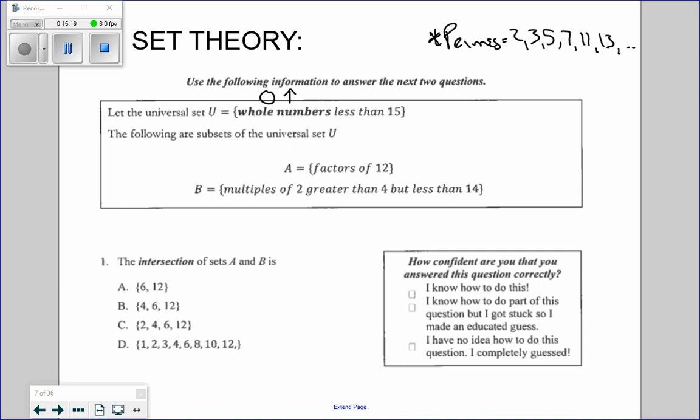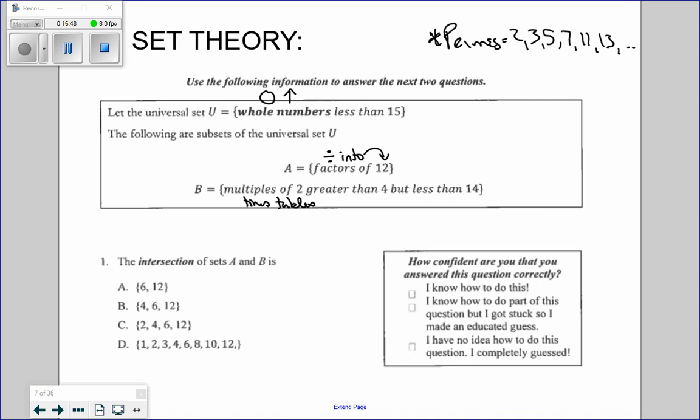Factors are numbers that divide into 12. And multiples, think of it as your times tables. Multiples of 2 is writing out the 2 times table. Even though this stuff wasn't overly hard for you, in fact, you all killed it on the exam, it's going back and remembering what all these words mean.